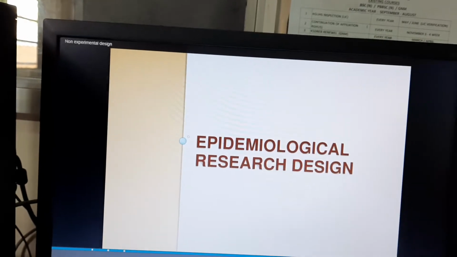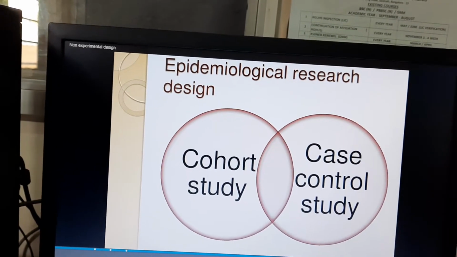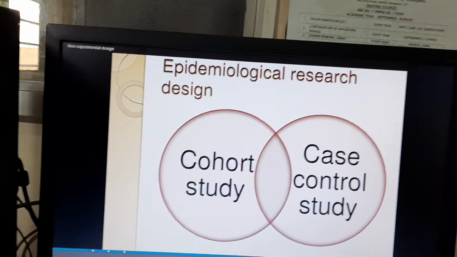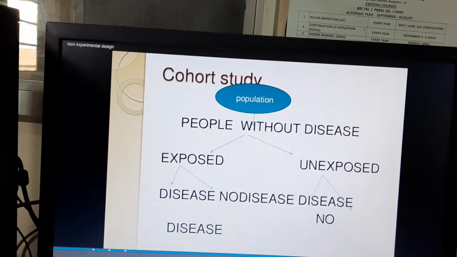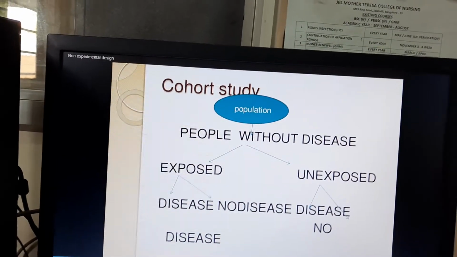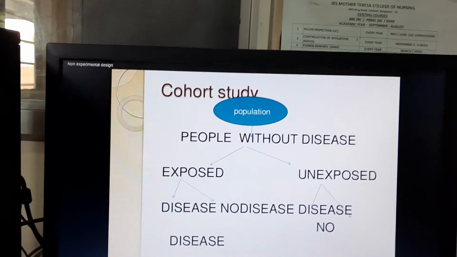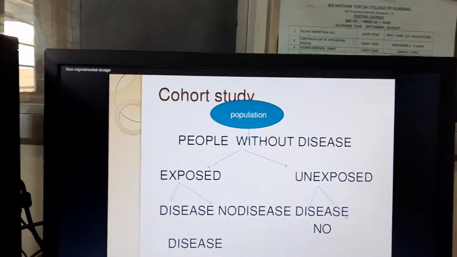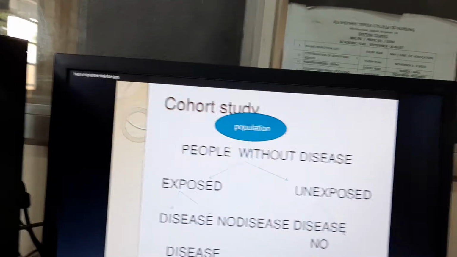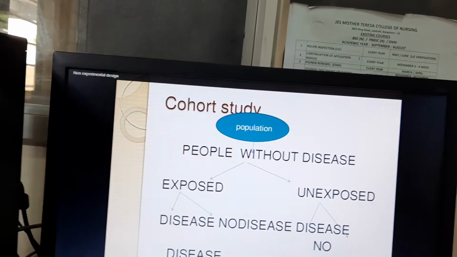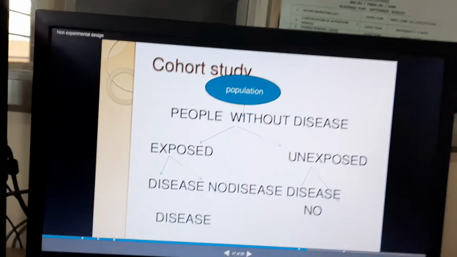Okay, so epidemiological research design. Epidemiological research design is cohort study and case control study. In a cohort study, the population is people without disease. What we are doing is assessing knowledge of some particular disease, like AIDS.